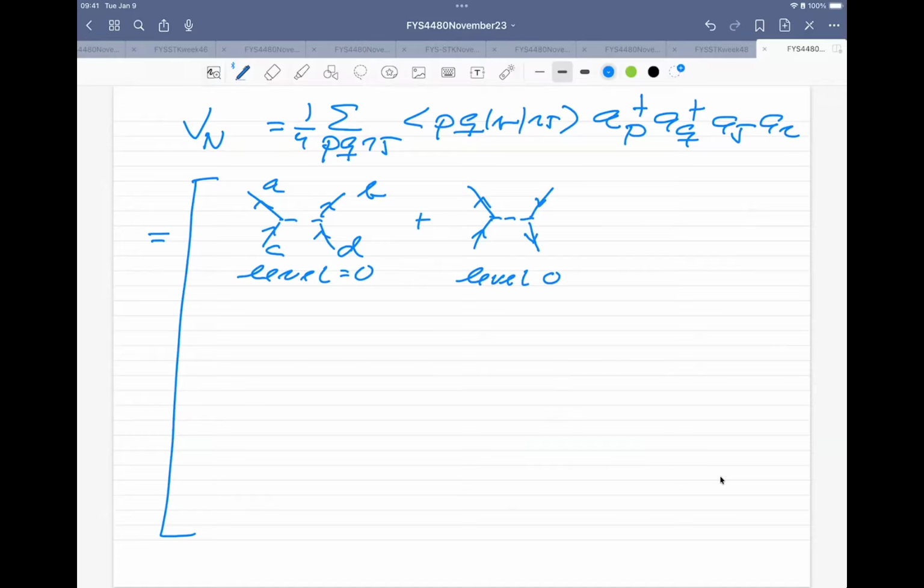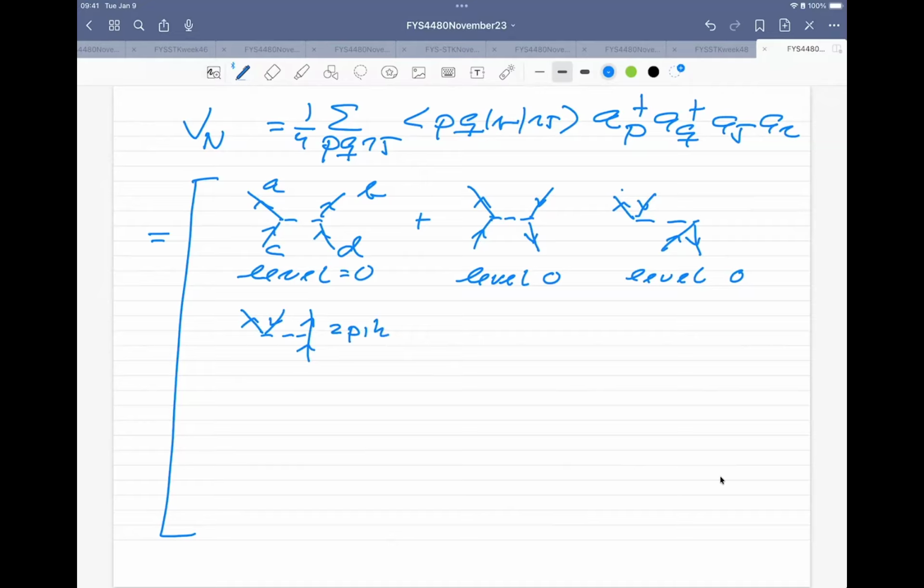Then I can have more diagrams. So one which I can have now is just the exchange of that diagram which you saw. I could have this one. And this is also a level 0, because I have one particle hole state below and one above. But then when I go to this case, where I have particle states, this is something which I will call a two particle one hole state.